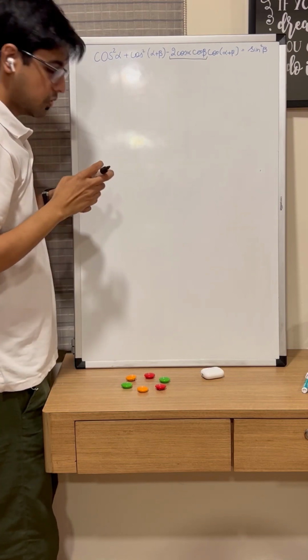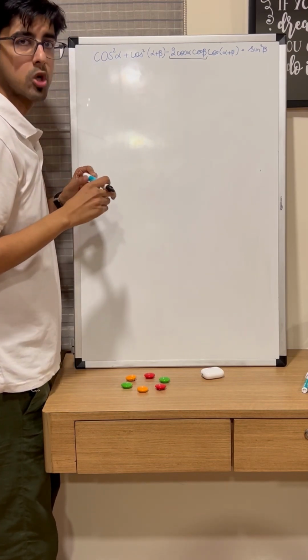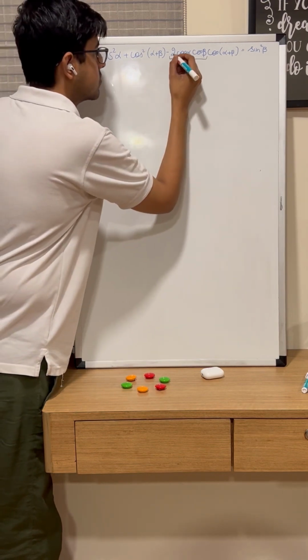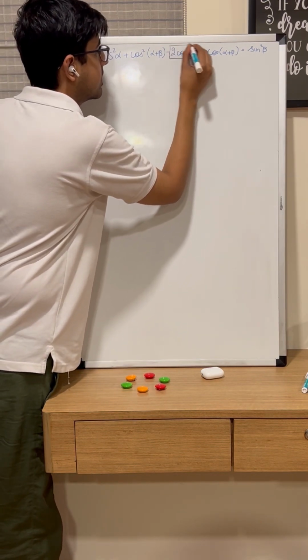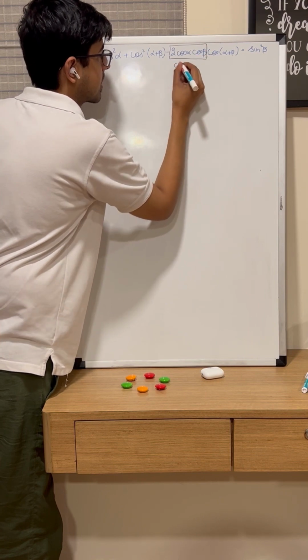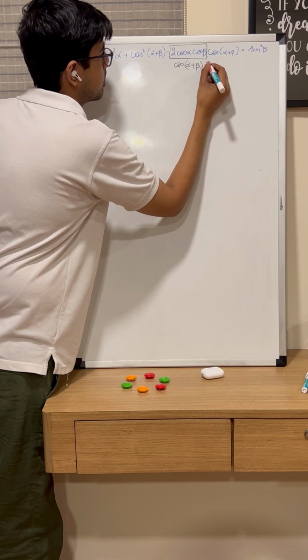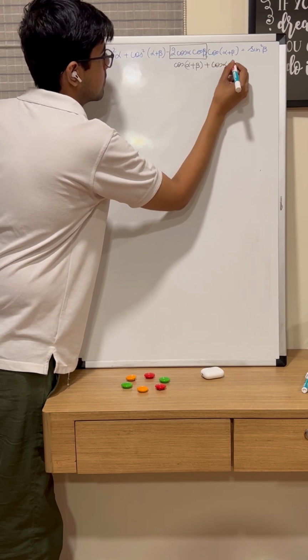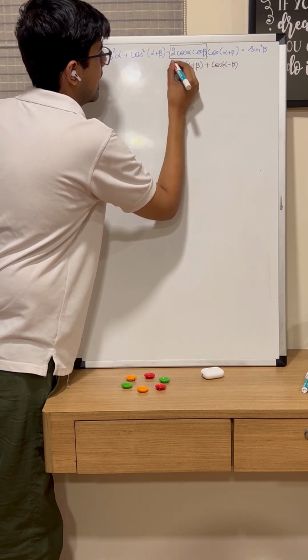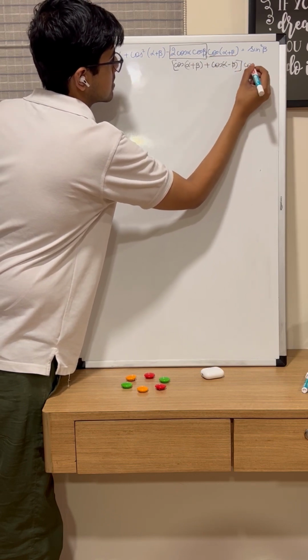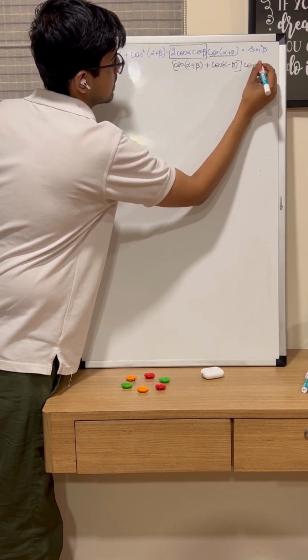This term, we know 2 cos a cos b can be written as cos of (a plus b) plus cos of (a minus b). So if I just write this part of the expression, I can write it as cos of (alpha plus beta) plus cos of (alpha minus beta), and I have a cos of (alpha plus beta) outside.